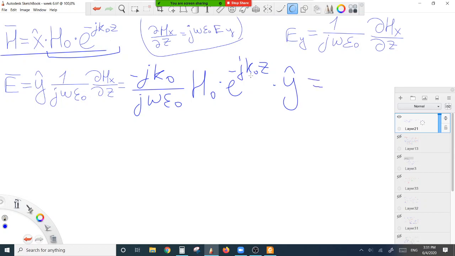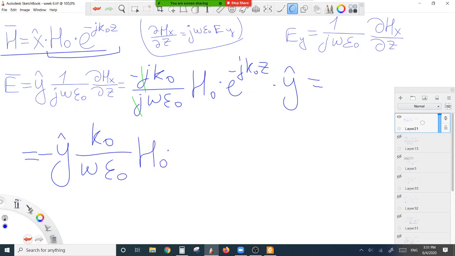Don't forget about the directions and the unit vector. The j's simplify, and we get minus y k0 over omega epsilon 0 H0 e to the power of minus j k0 z.